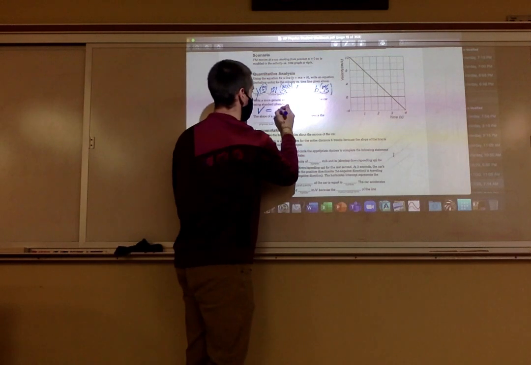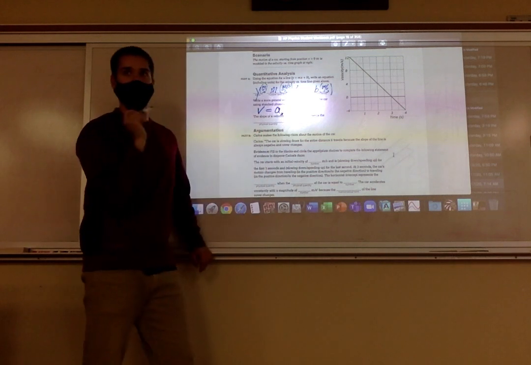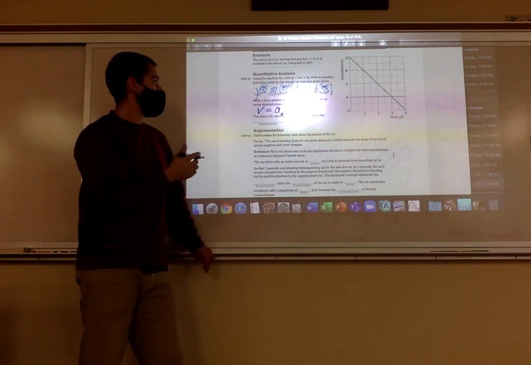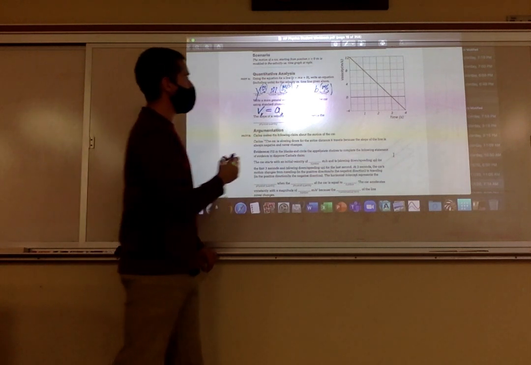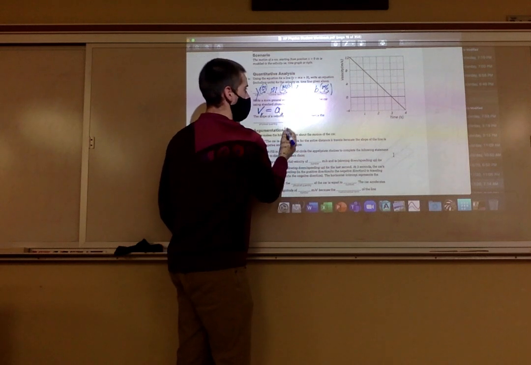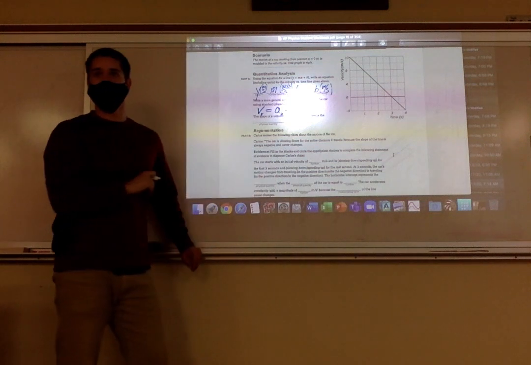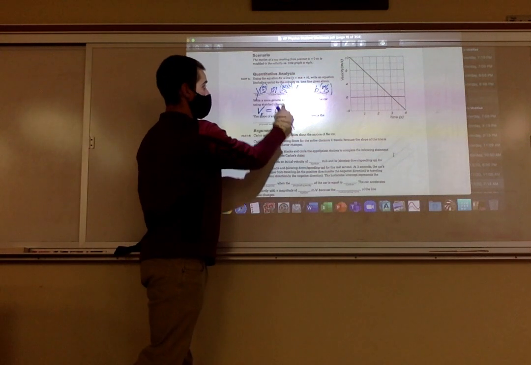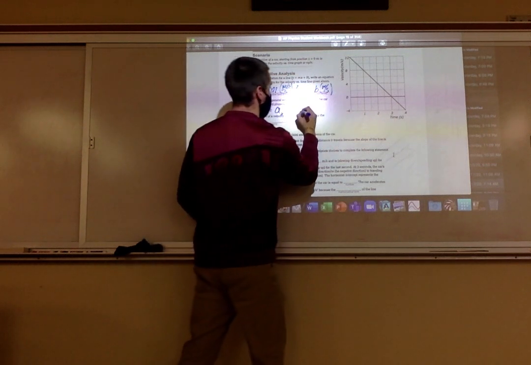Acceleration. We're going to put x to denote it's in the x direction, which is what we got. So we could put vx. The slope times what? The time, isn't it? Y equals mx. The x-axis is time.